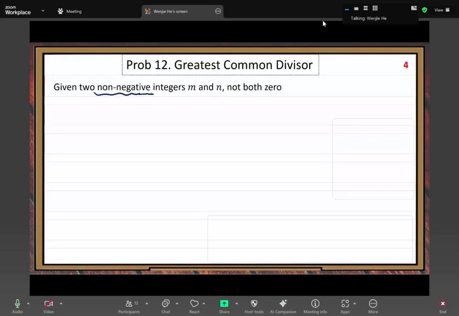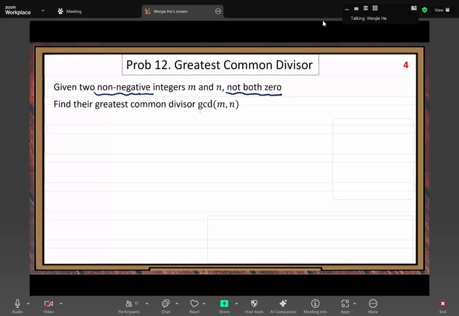But another important condition: not both 0. You cannot make both m and n 0. Because in that special case, you will have some trouble. So you do not allow it. Then the question: find their greatest common divisor.